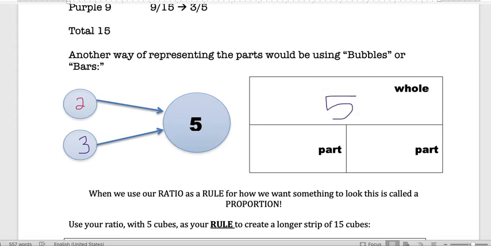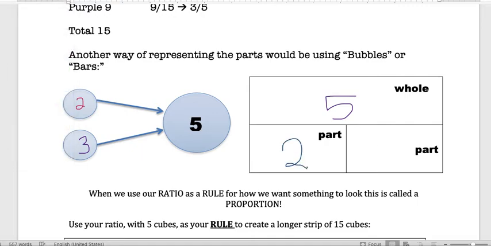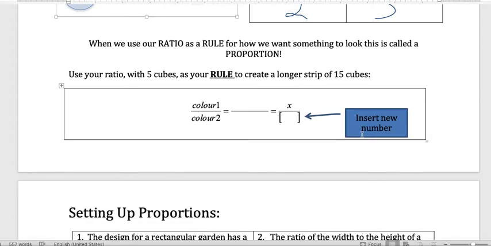We have part of our whole being 2 and the other part being 3. So you can represent proportions in different ways. So when we use the ratio as a rule for how we want something to look, it's called a proportion. Use your ratio with 5 cubes as a rule to create a longer strip of 15 cubes.